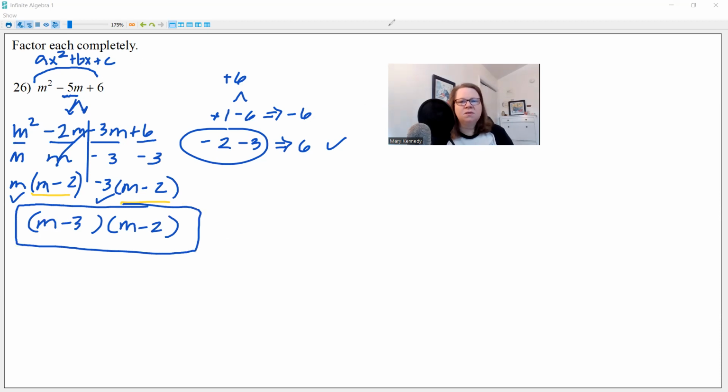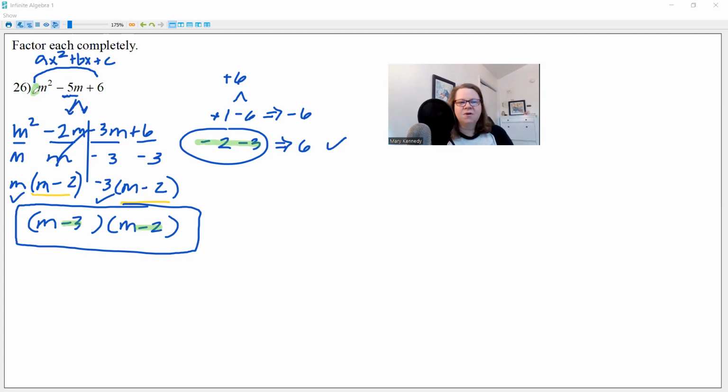Now, here's the nice little thing to notice. Take a look at what we found to be our right combination up here, and take a look at our factored form. You see how it's the same thing? That only works when our a value is 1.